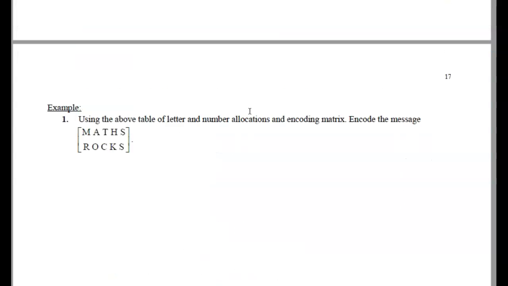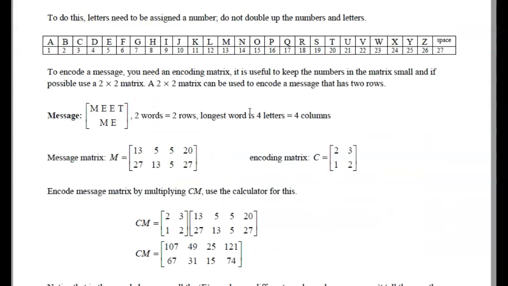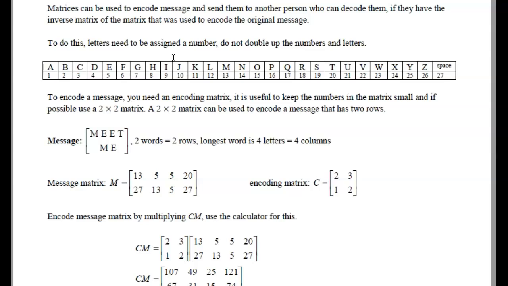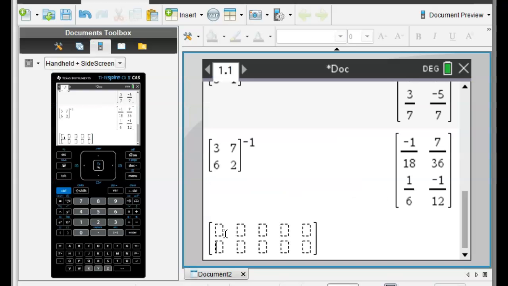So remember, if we scroll up here, we're going to use this coding system. Okay, so your letter M is the number 13. Now this is already in the textbook, so I'm going to just have it out with me while I've got the calculator here.